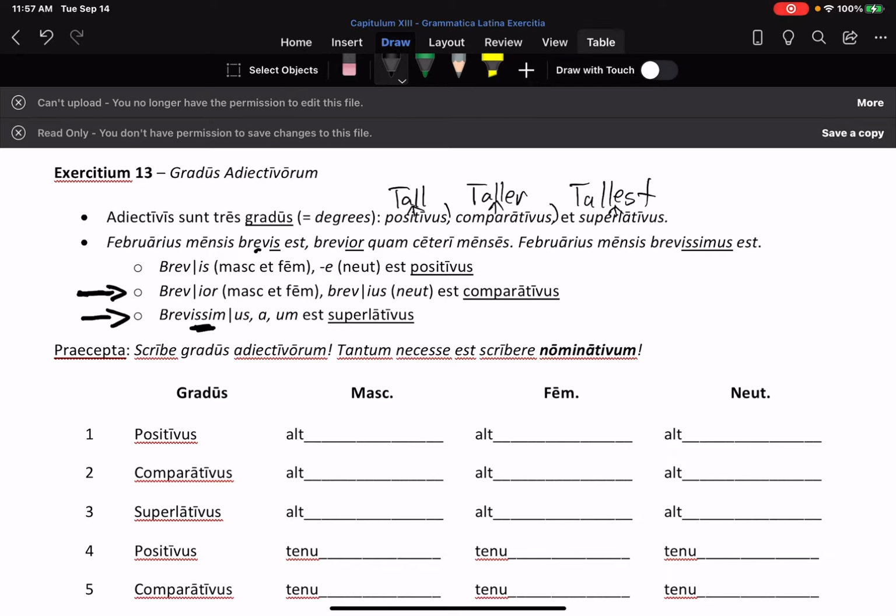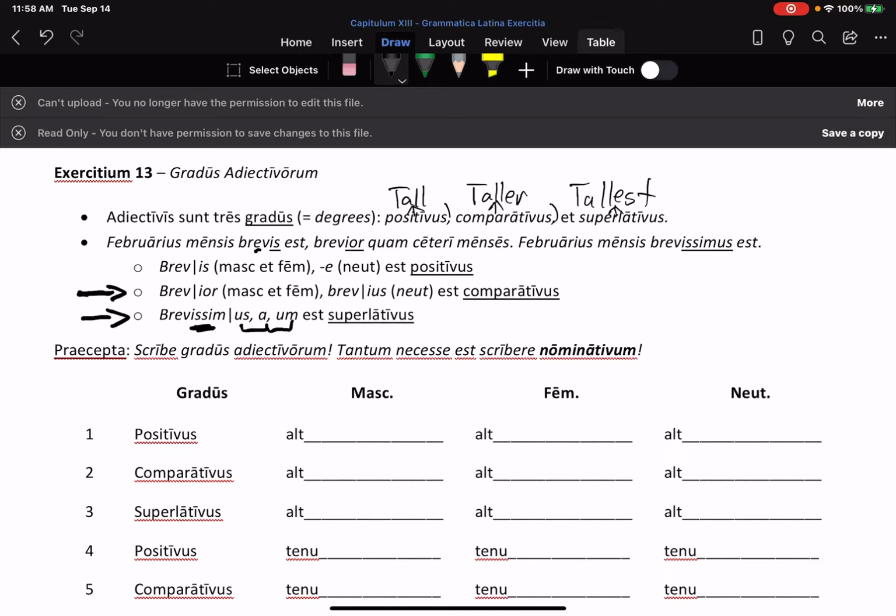You can think of superlative as going to the extreme, and the word itself goes to the extreme because the form is just extended. It's also a little easier because it has just the typical first and second declension endings of a, us, and um, masculine, feminine, neuter. So let's jump into the exercise. We'll review this more as we go.